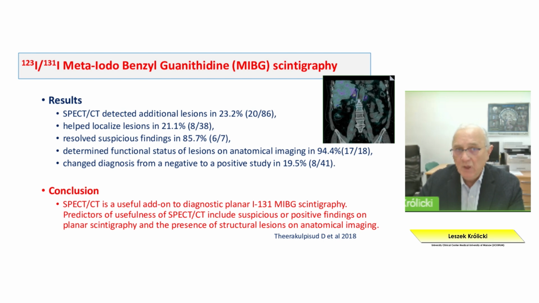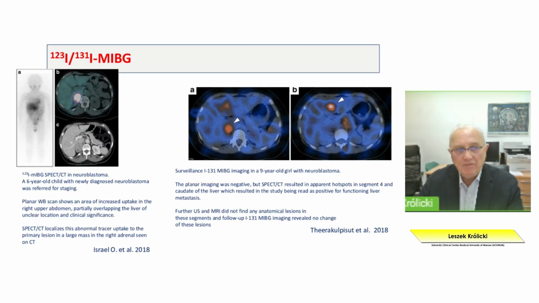And it shows that SPECT-CT detected additional lesions in 22% of the patients. It helped to localize lesions much better in 21% of the patients. It also resolved some suspicious findings in 85% of the patients, etc. So no doubt that the hybrid examination is of high importance.